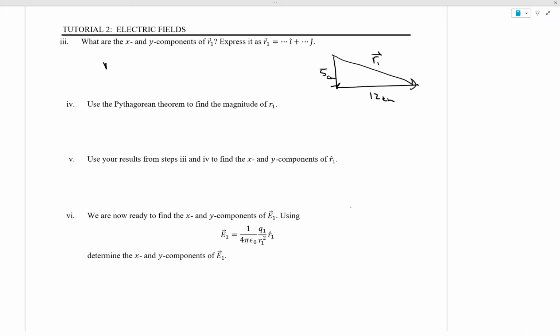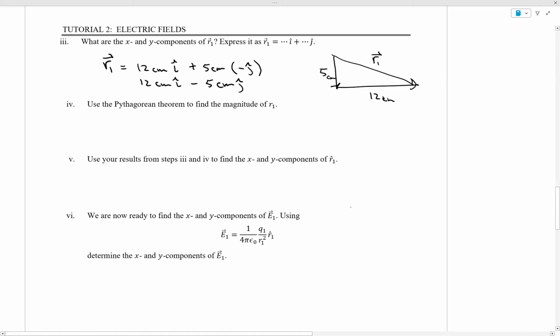What does that look like in terms of i hat and j hat? We'd have 12 centimeters in i hat plus 5 centimeters in j hat. I'm going to keep the sign with the unit vector. It doesn't matter, you could just as well write it like this, but just to indicate that it's pointing down, the y component. So that's r1.